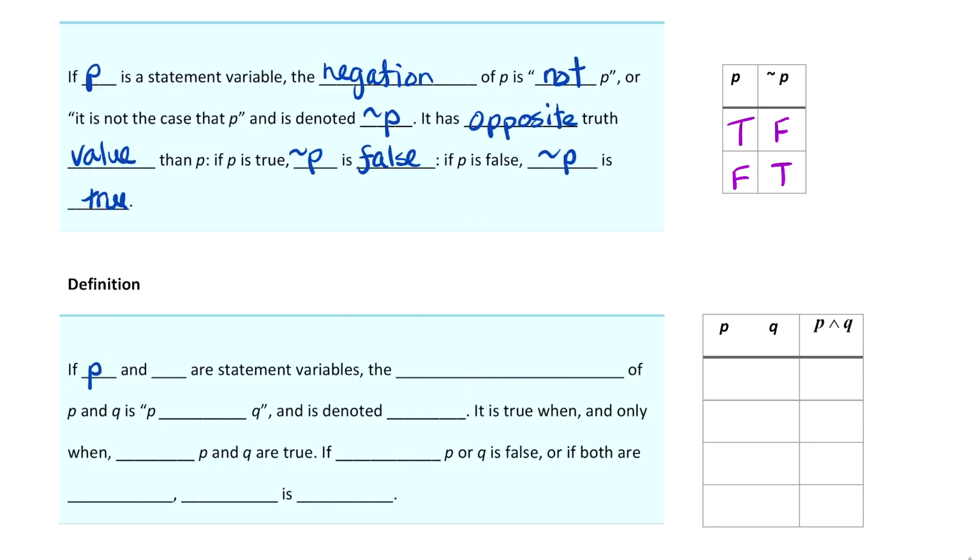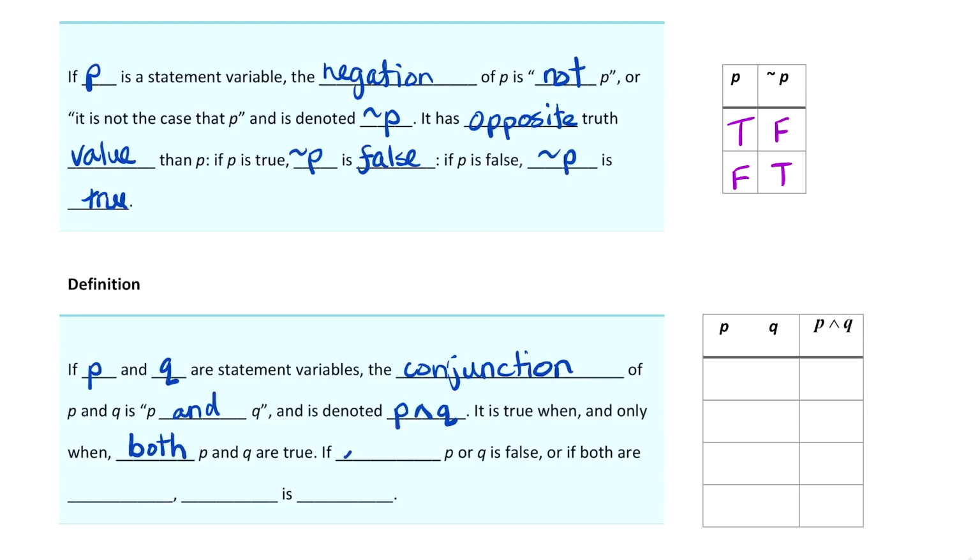Building it up, if P and Q are statement variables, the conjunction of P and Q is read "P and Q," and it is denoted with the logical and symbol in between the P and the Q. It is true when and only when both of these are true, right?